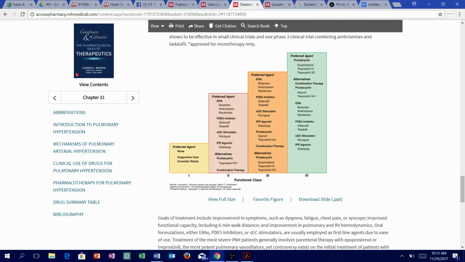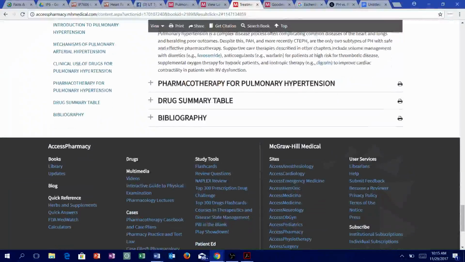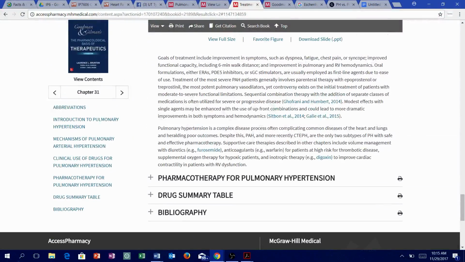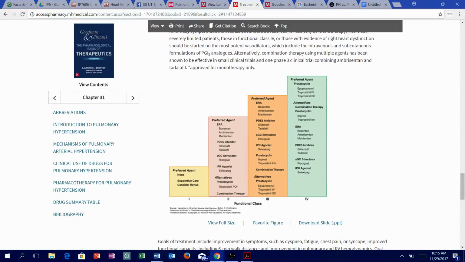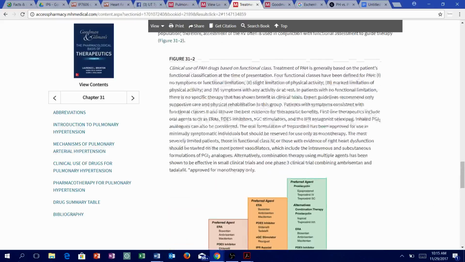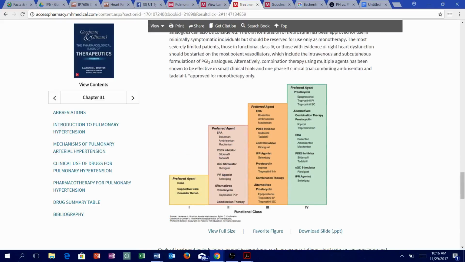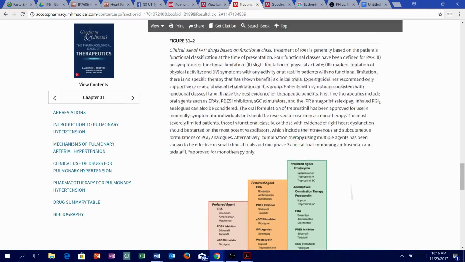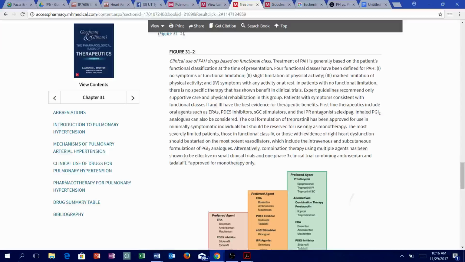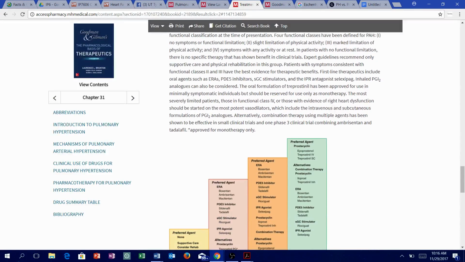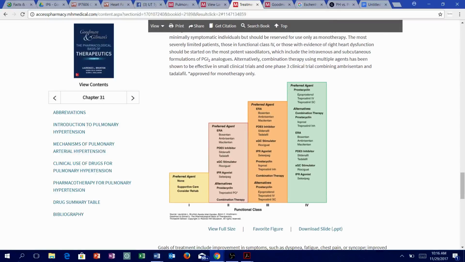Oh, no. That's the part I haven't read yet. I started from the bottom and went back. I watched all the videos, I read all the material. There's this thing called functional classes, which are like slight limitation, more limitation, no limitation.